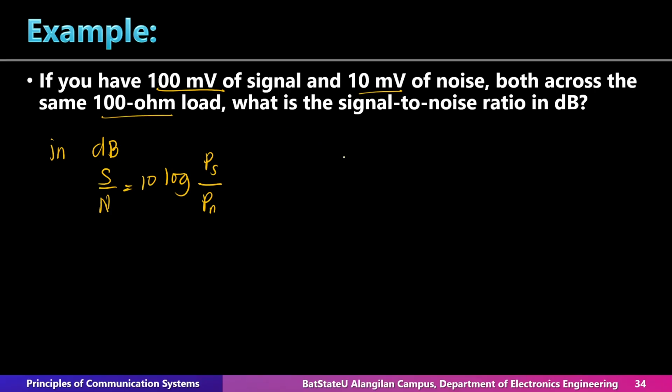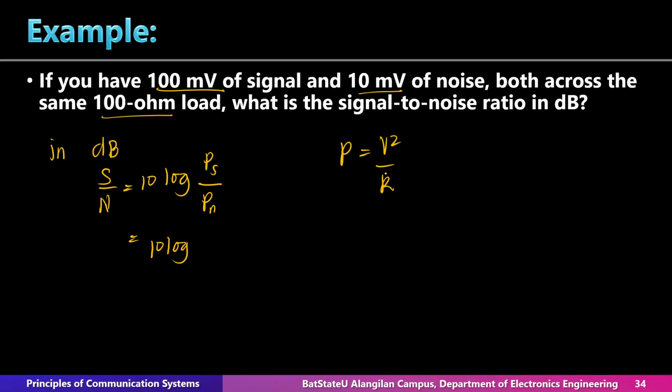So, we know that the formula for finding power in terms of voltage is V squared over R. So, if we use this formula and replace PS and PN with V squared over R, we will get 10 log of V squared over R for the signal divided by V squared over R for the noise.